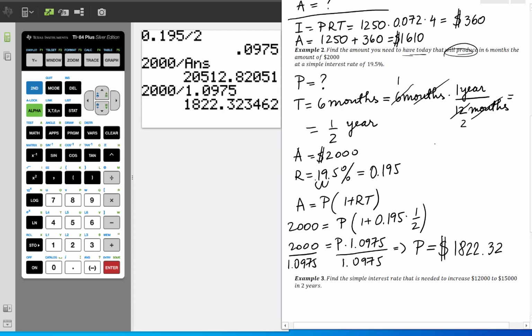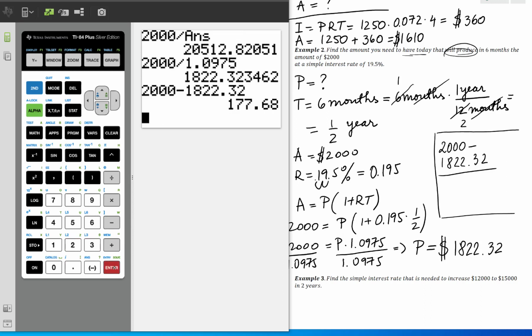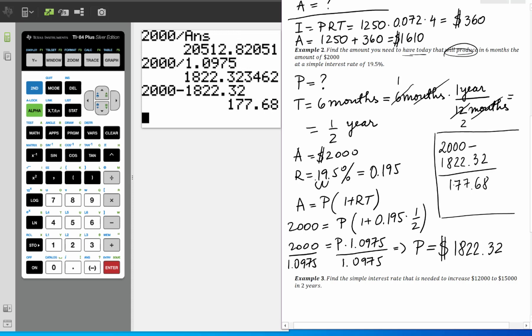And if you want, we can actually go an extra step and say, well, the $2,000 minus 1,822.32 is going to be 177.68.